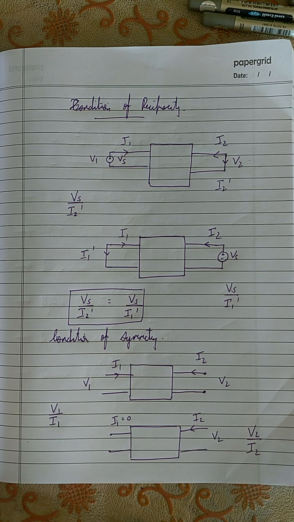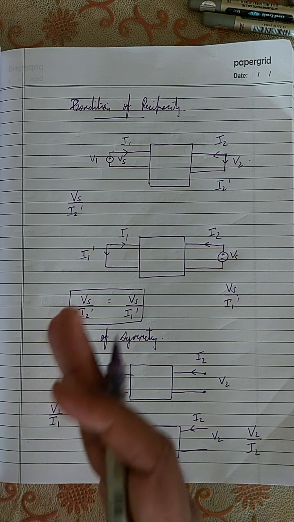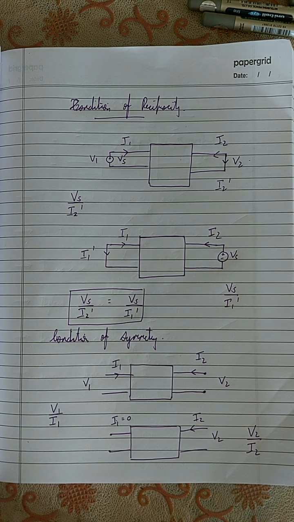So what I'm going to do is explain each of these parameters first, one by one, and then I will tell you how to find the conditions of reciprocity and symmetry.